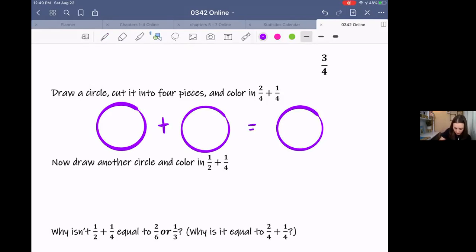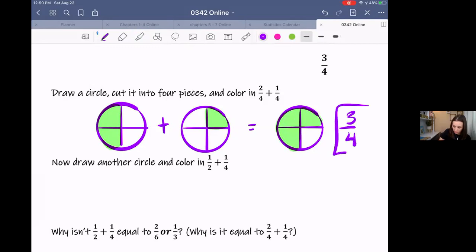And then I want to cut these into fourths because that's what the denominators say. And then I'm going to shade in 2/4 plus 1/4. And then if I join those pieces together, it's a total of 3/4. So that's where that comes from.